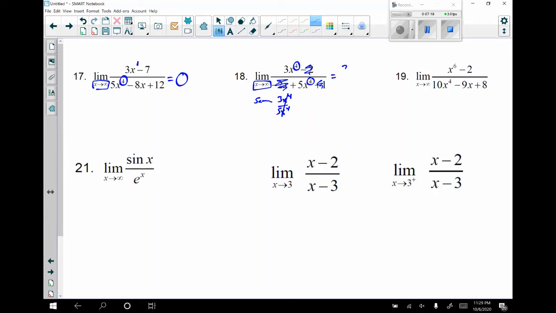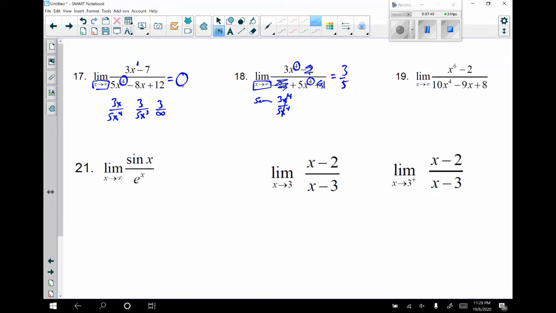So this one is 3 over 5. I could have worked over here too. Just put 3x over 5x to the 4th. Reduce it. You get 3 over 5x cubed. And if we look at this one, that's going to be a number over plugging in infinity. We have a bigger number in the bottom.